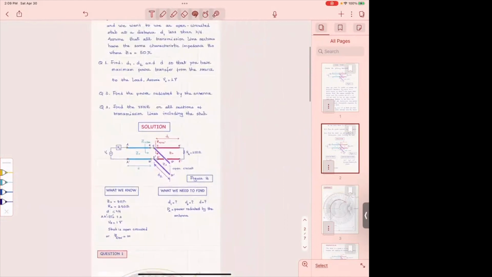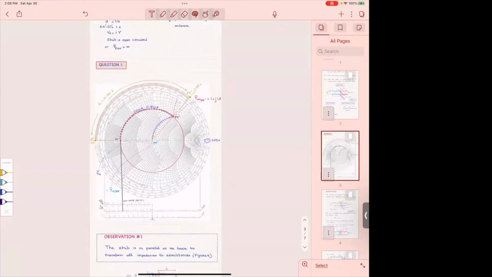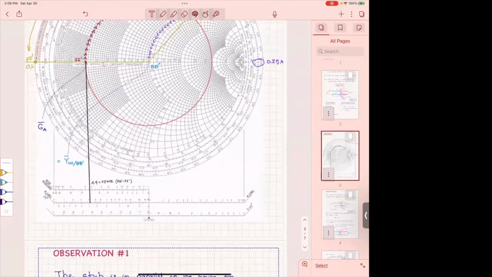I have a question. Yes, go ahead. Do we always draw the line from the left side of the circle? Could you show me which line you're talking about? The VSWR line. Yes, always to the left, exactly. You see here, there is only half.